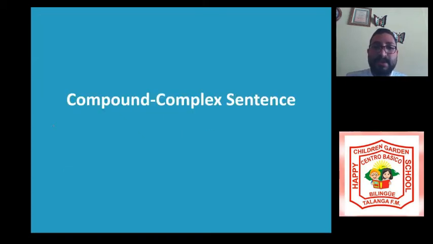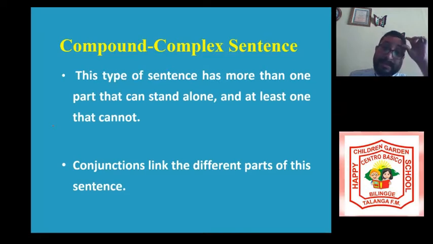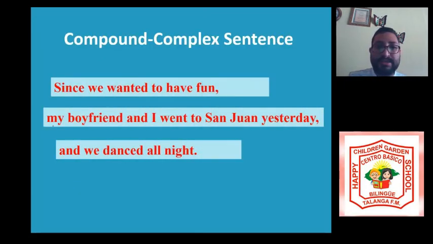Now, the compound-complex sentence. The compound-complex sentence has more than one part that can stand alone, and at least one that cannot. It's when we have a compound sentence and we add a subordinate clause. So, let's see.